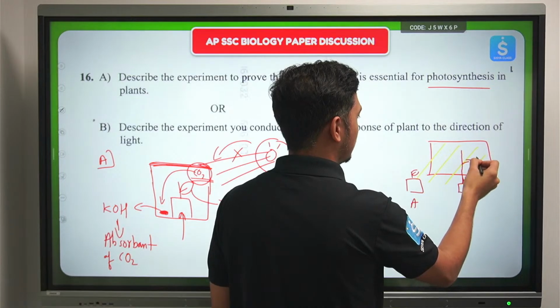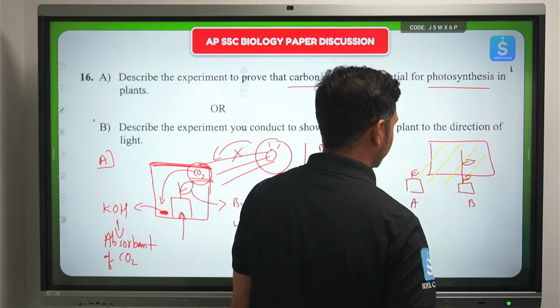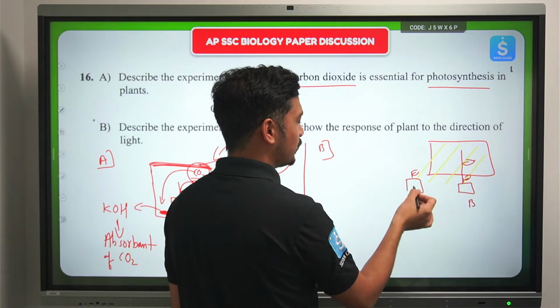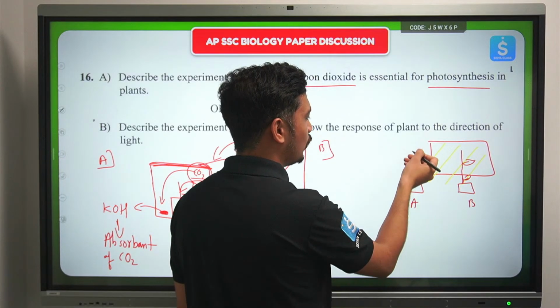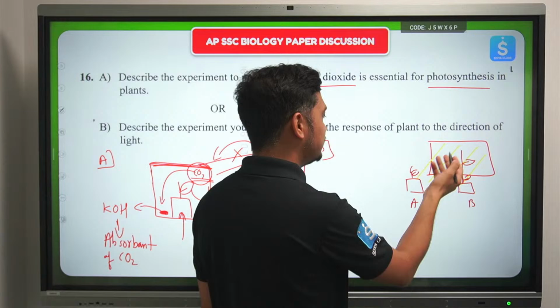Why? Because it will have an abundant amount of sunlight if it goes tall. However, if you look at this position of the potted plant, the sunlight is falling only on the bottom portion of it and not higher, and therefore what will happen is a stimulus, this is a stimulus, right?